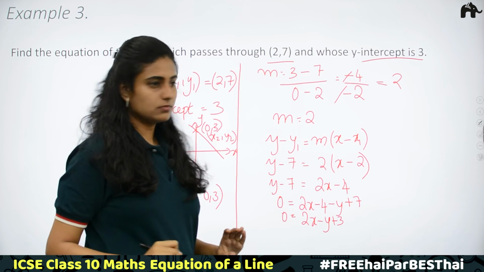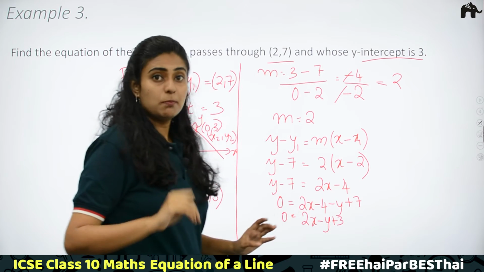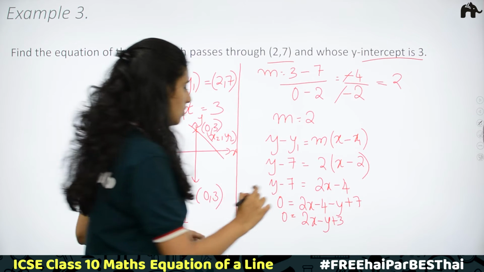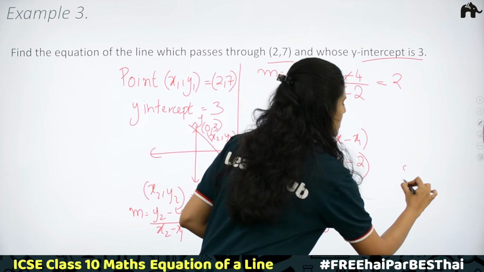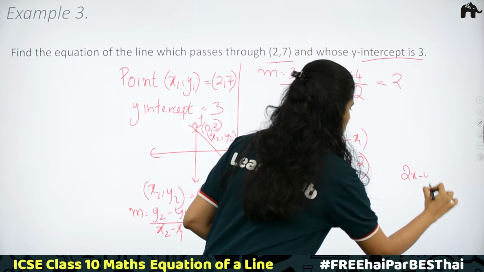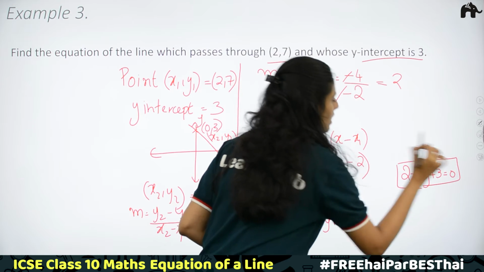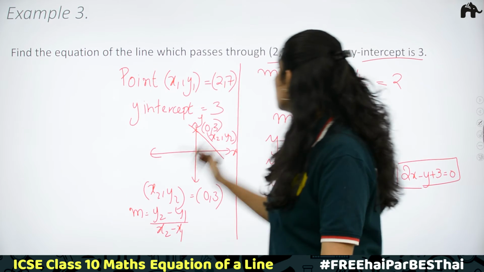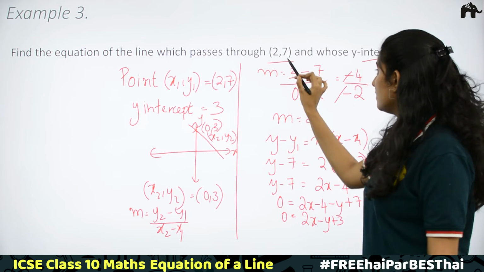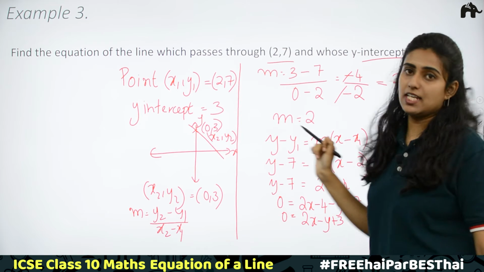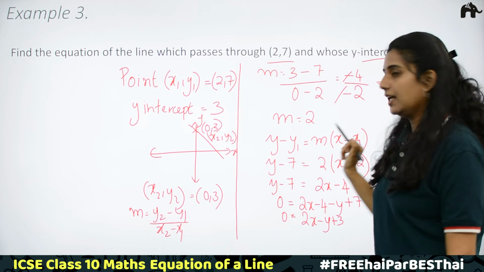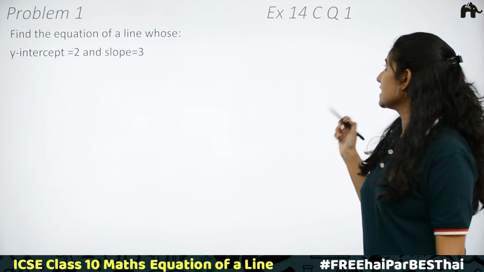That is 0. This is of the form ax plus by plus c is equal to 0. So, the required equation of line is 2x minus y plus 3 is equal to 0. This is the required equation of the line whose one point is given, which is (2, 7), and the y-intercept is given. Clear?